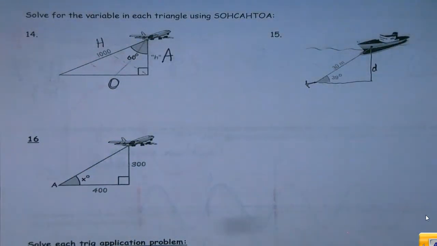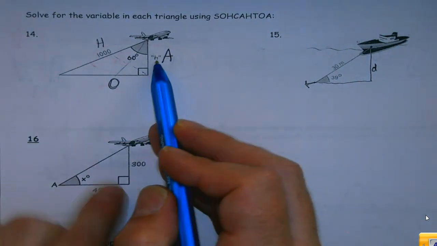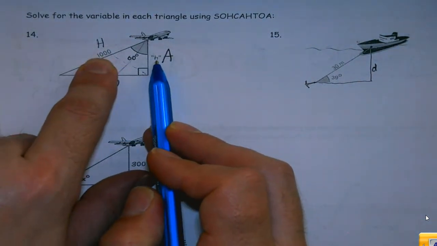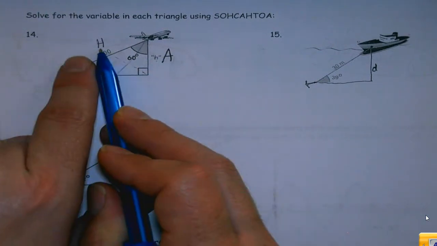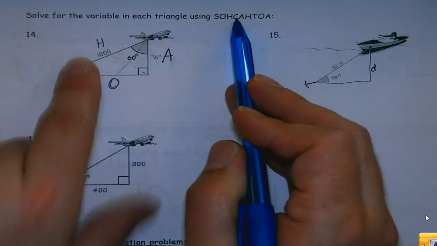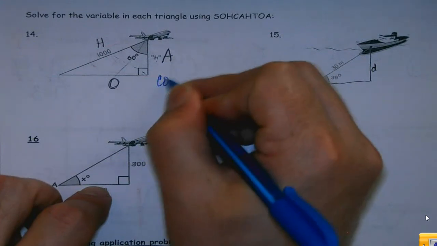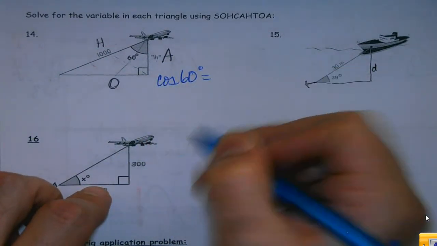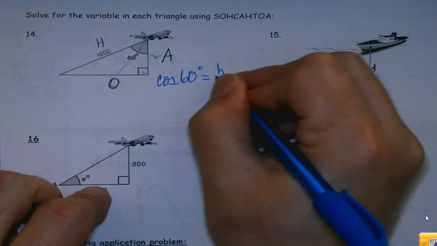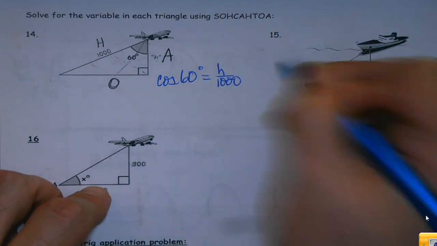So to figure out what trig function to use, which sides do I have for the variable and for the other side? Well, I have adjacent and I have hypotenuse, which is cosine. So the cosine of 60 is adjacent over hypotenuse.